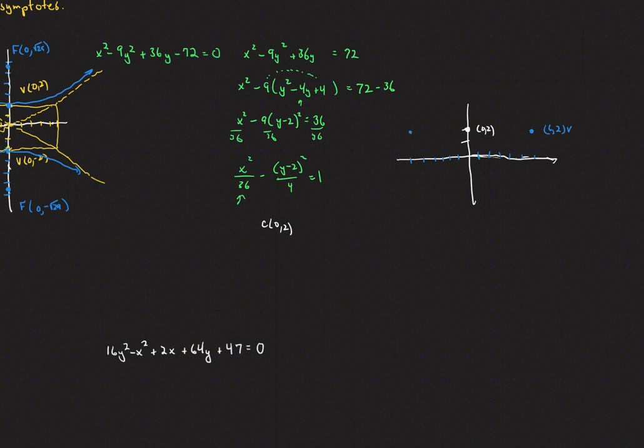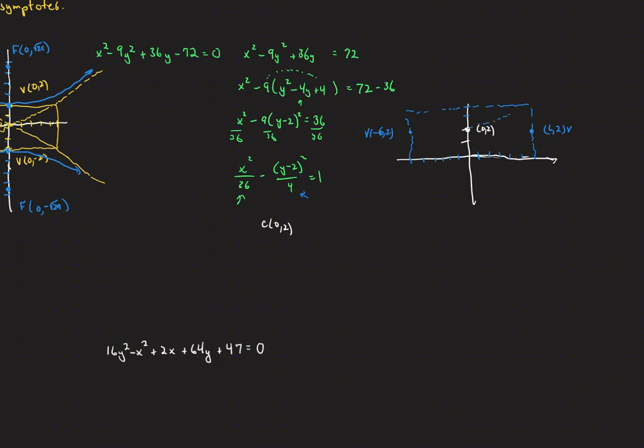That's going to be at negative 6, 2, and that's our second vertex. In the y direction, the square root of 4 is 2. So we'll go up 2 and down 2 and use that to draw our rectangle so that we can then get our asymptotes as the diagonals.